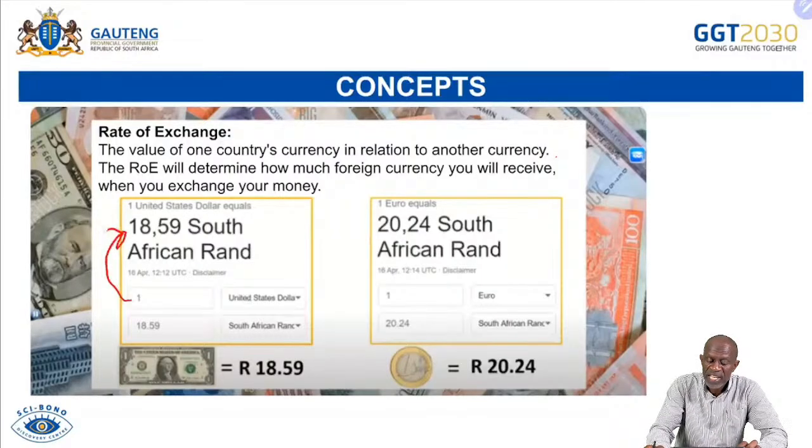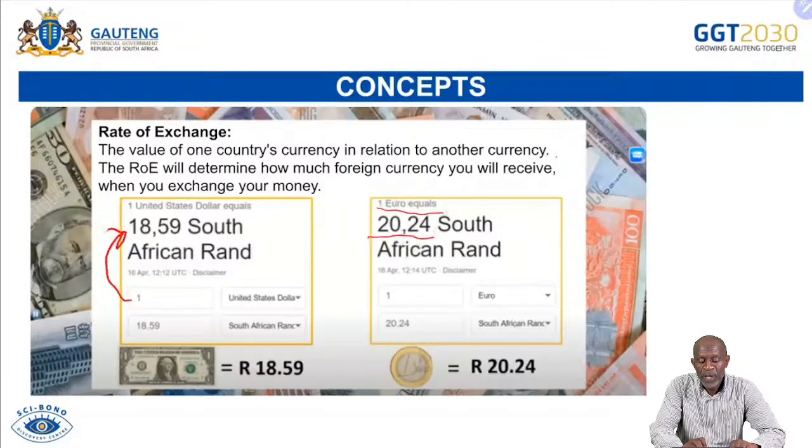And this slide is the value of the rand as opposed to that of a euro, and 1 euro was equivalent to 20 Rand 24, as you can see.